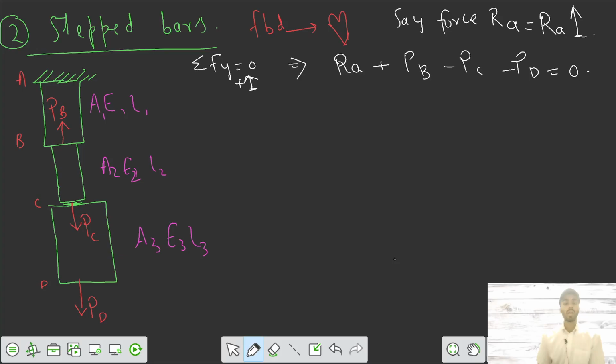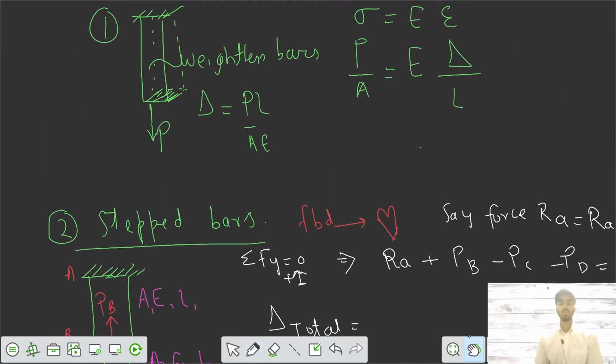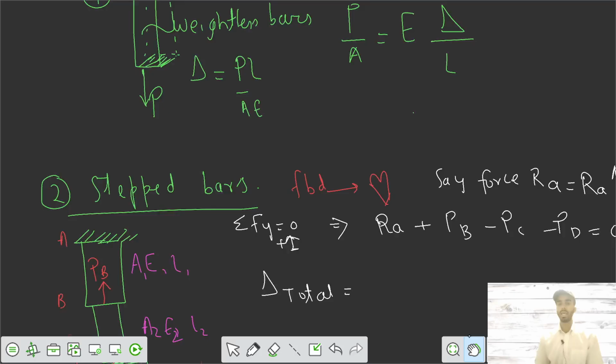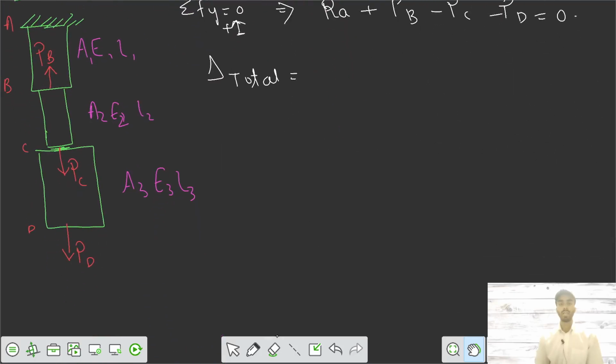Then we have another equation, now we want to calculate the deformations, the total deformation, delta total. We already know that deformation, which is the displacement or elongation or contraction, equals PL by AE. Then for this one we have delta 1 plus delta 2 plus delta 3.